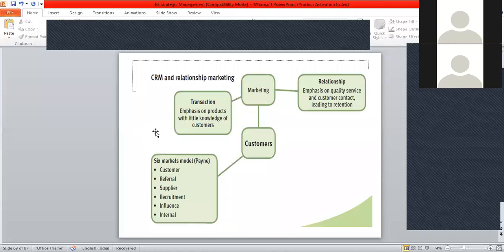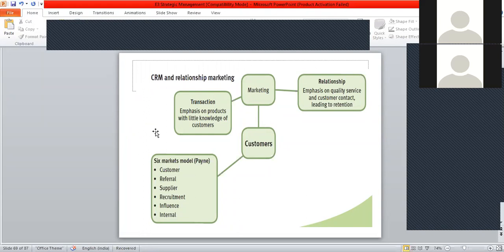Under downstream supply chain management, first we have to understand who are the customers, or what are the types of customers. There is a model which is given by Penny. It's called the six markets model.